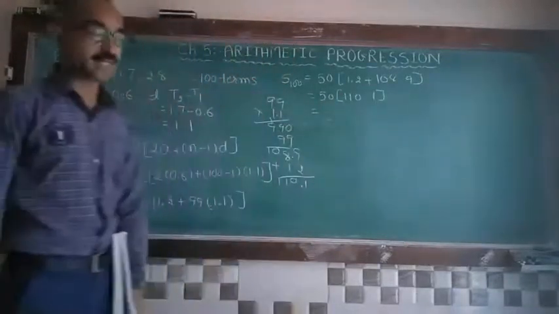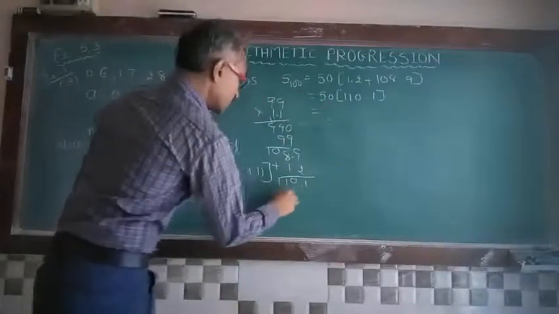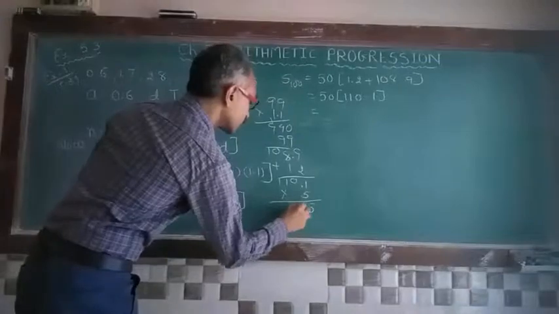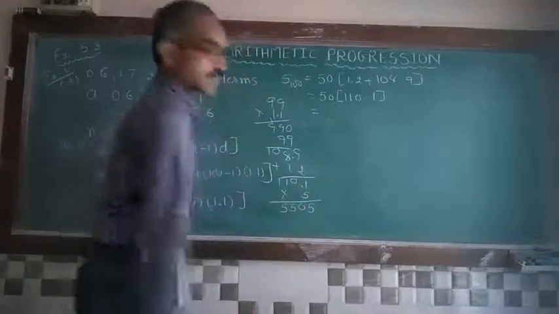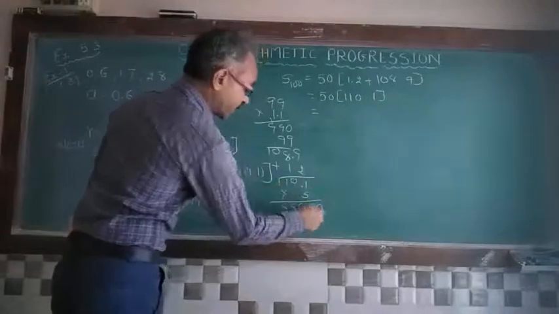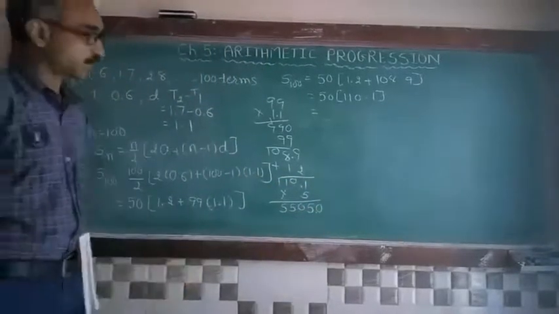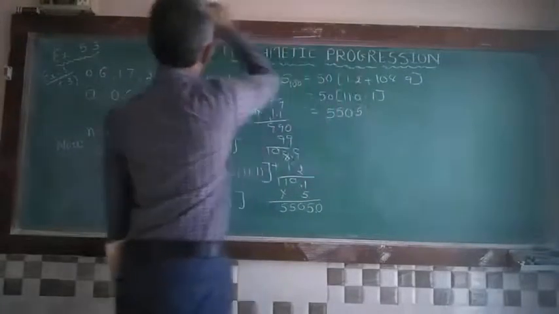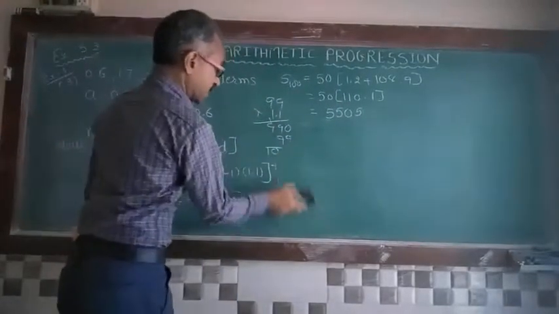You have to multiply it by 50, so again it is 5505, you have to cut 1 point. So your answer is 5505. That is your answer.